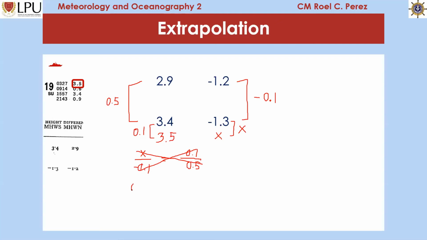So we have 0.5 x is equal to negative 0.1 times 0.1. And then we divide each side by 1 over 0.5 so that we can cancel the 0.5 in x.